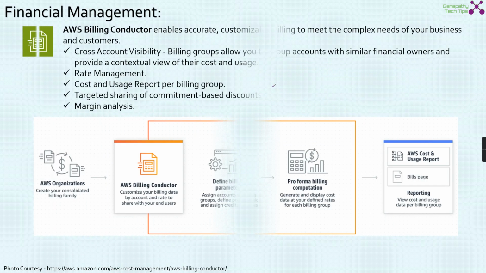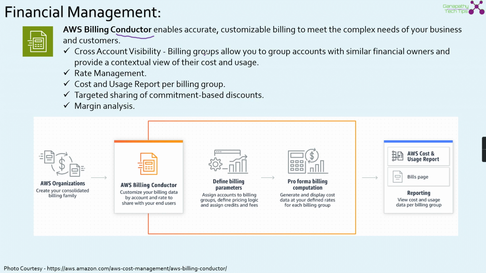Moving on to the next stuff, there is an additional one, again mentioned in the Cloud Practitioner exam guide: AWS Billing Conductor. In addition to the typical FinOps cost management services like AWS Cost Explorer, AWS Cost and Usage Reports, AWS Budgets, there is something called AWS Billing Conductor.